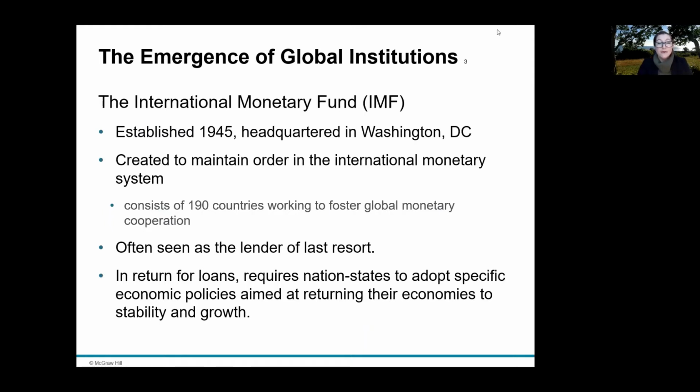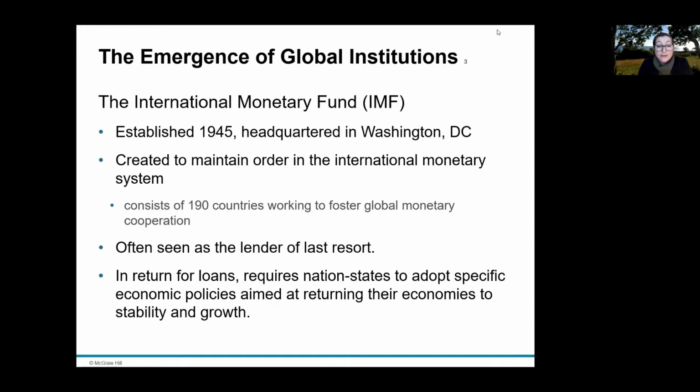The IMF was established in 1945, headquartered in Washington, DC, and was created to maintain order in the international monetary system. The IMF is a collective of 190 countries working to foster cooperation on global monetary systems.